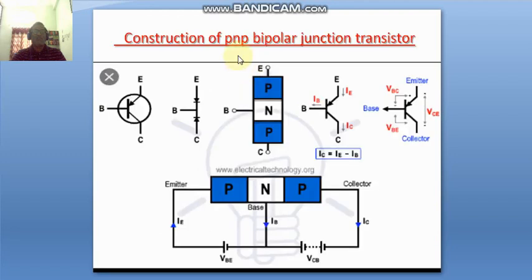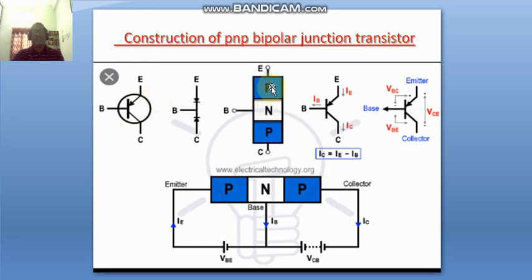Coming to the construction of the PNP bipolar junction transistor, this is the symbolic representation of PNP, because the conventional direction of the current is towards the base from the emitter.